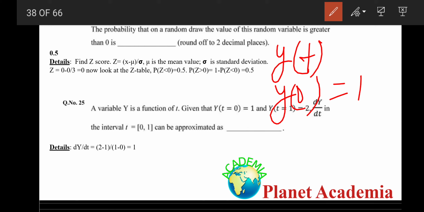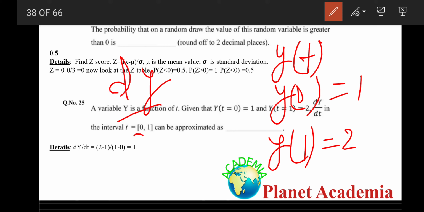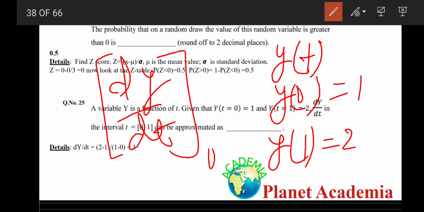The value of y at t equal to 1 is 2, correct? Then what is the value of dy by dt? The range is given from 0 to 1. t ranges from t1 to t2, correct?